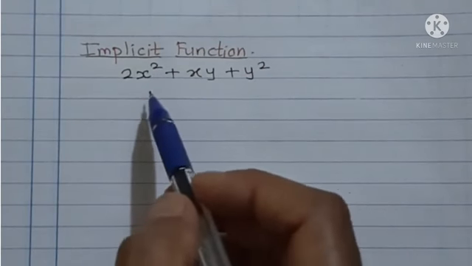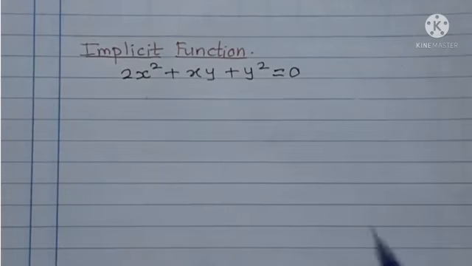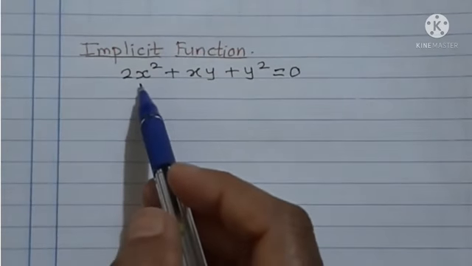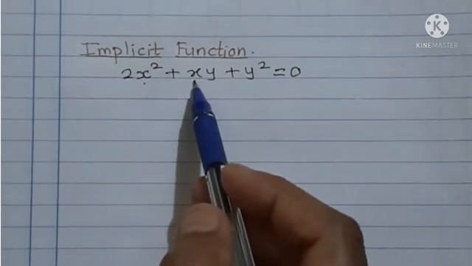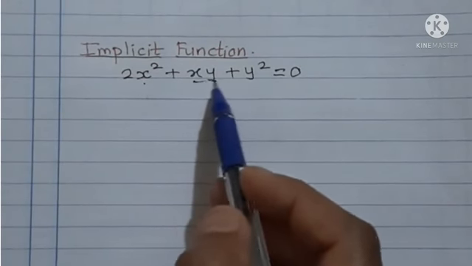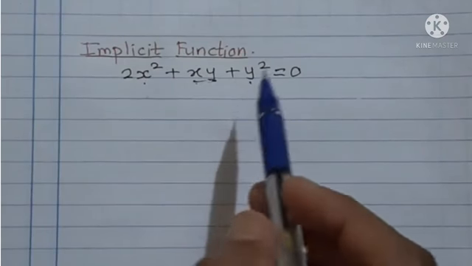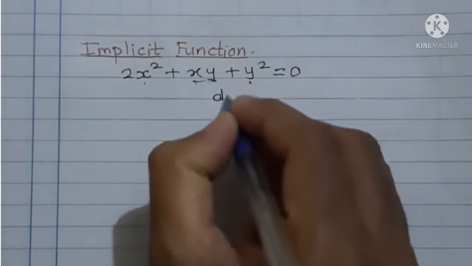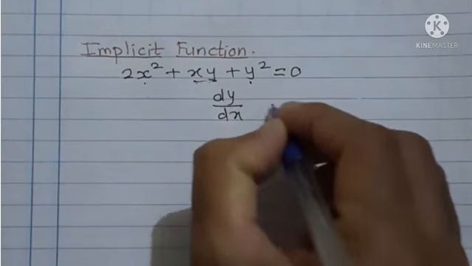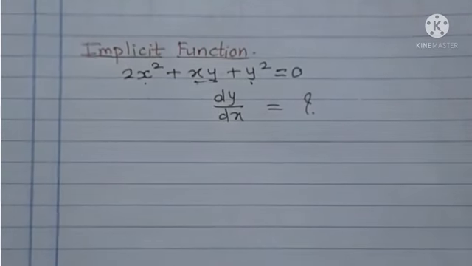Whenever we take the derivative of such a function, we take the derivative of x directly with respect to x. Here we use the product rule, and for y you take the derivative of y with respect to x. Then we get dy by dx, and we find the value of dy by dx in terms of x and y. Such a function is called an implicit function.